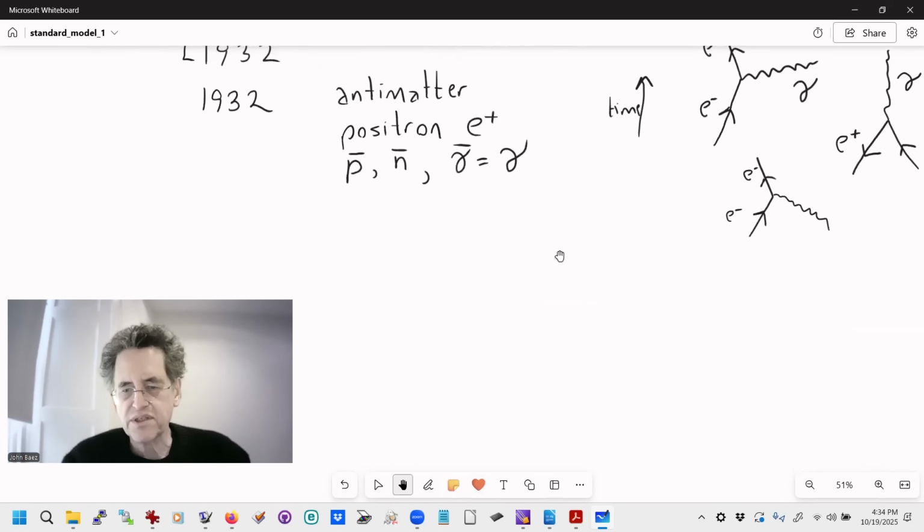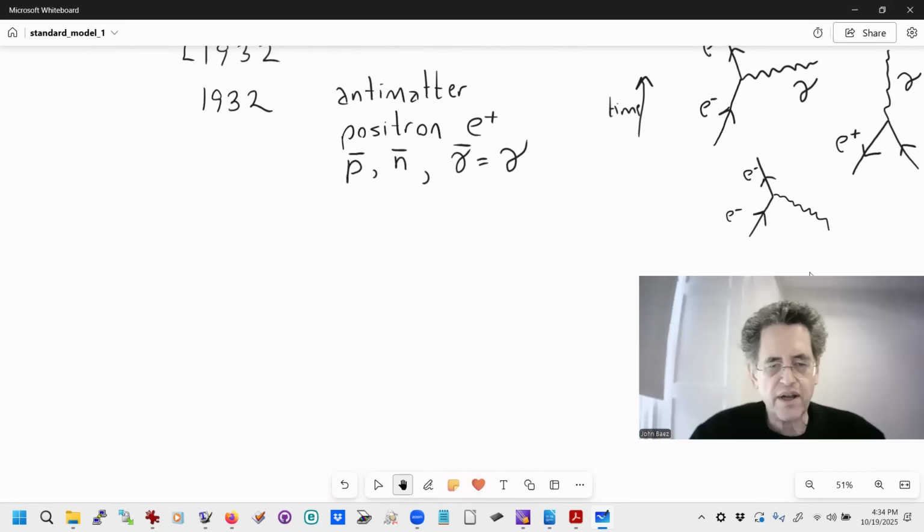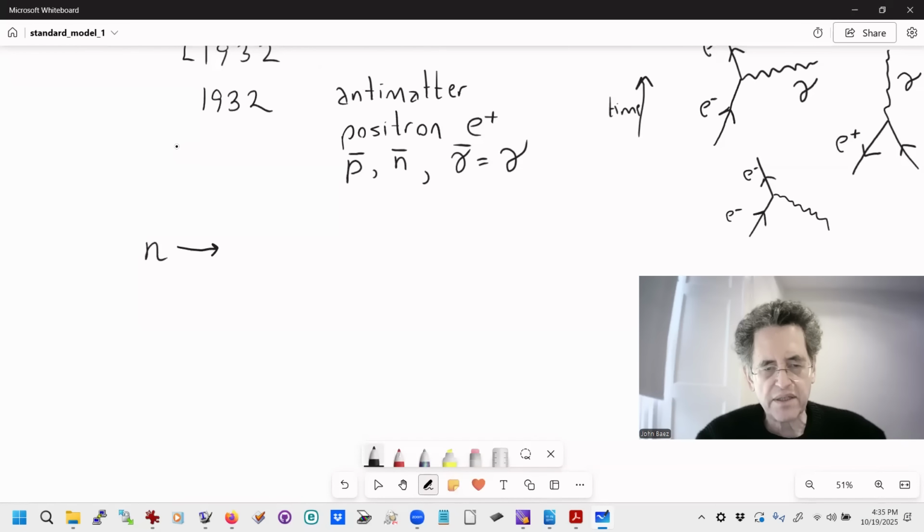So now, why am I telling you all this? Well, this is, of course, the kind of stuff we get into when we get into the standard model. But the reason why I'm telling you about it right now is because I mentioned that the neutron is not stable. The neutron doesn't last forever. So the neutron, in fact, what does it do? If you have a neutron just sitting there, after a while, randomly, in a kind of radioactive half-life kind of way, at some moment it will turn into a proton and an electron.